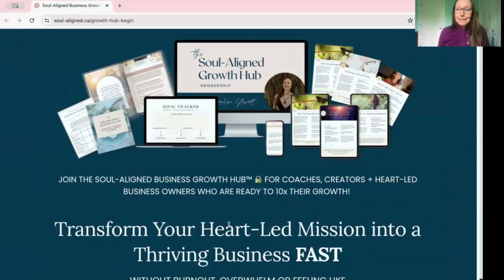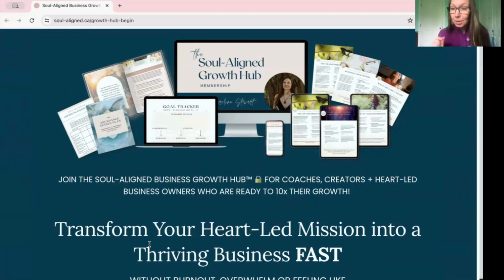So if you have an idea of what you'd like to sell, you want to take your transformation and make it really, really specific. And you want to talk about what it is that you're actually offering, what that transformation is. That is your headline. So obviously, the transformation is the ability to transform your heart-led mission into a thriving business.